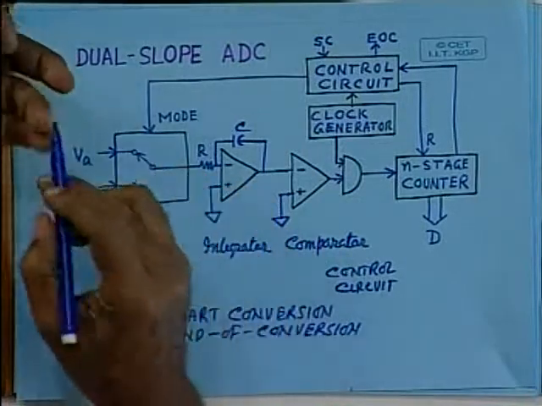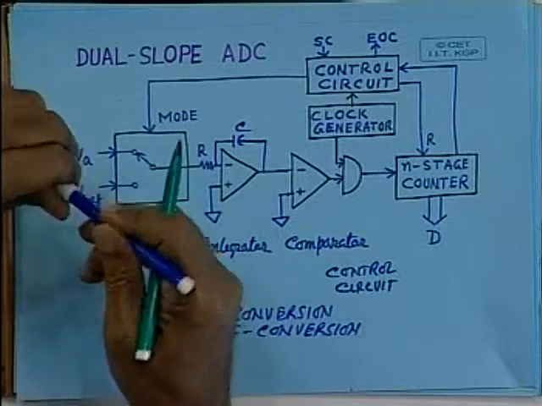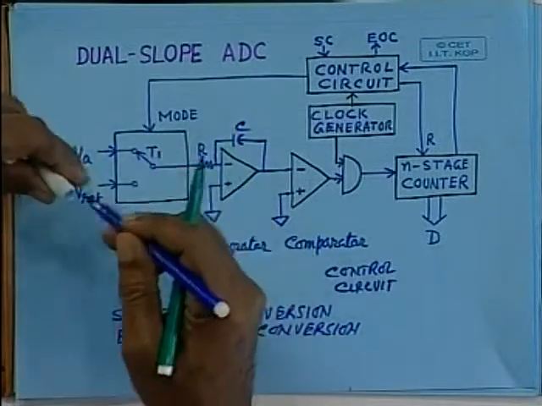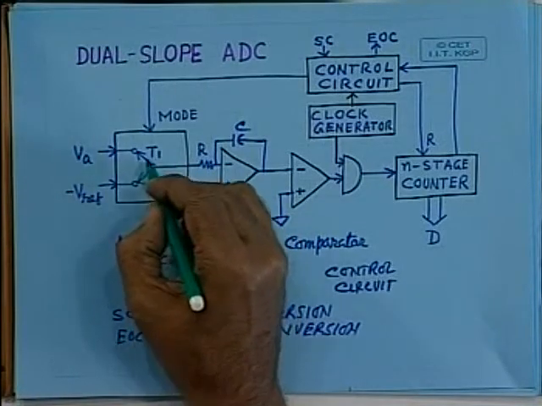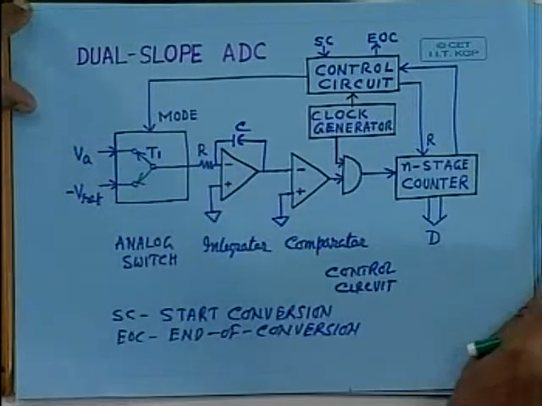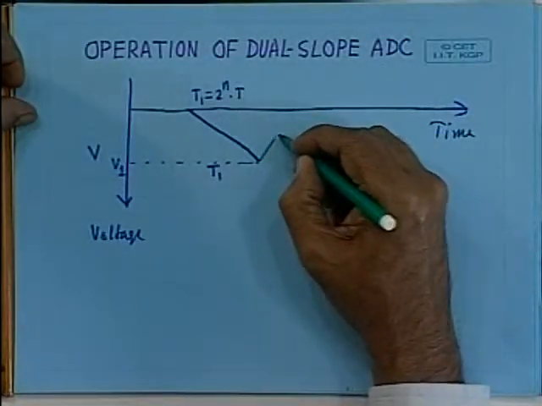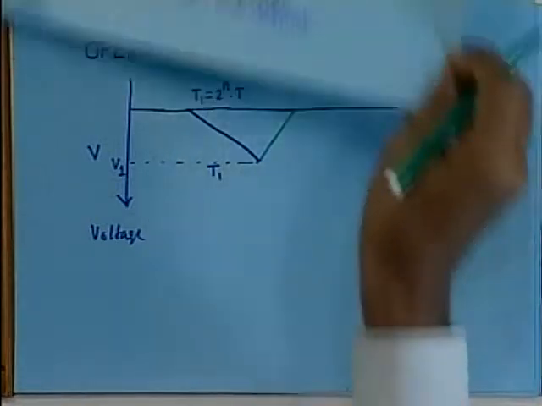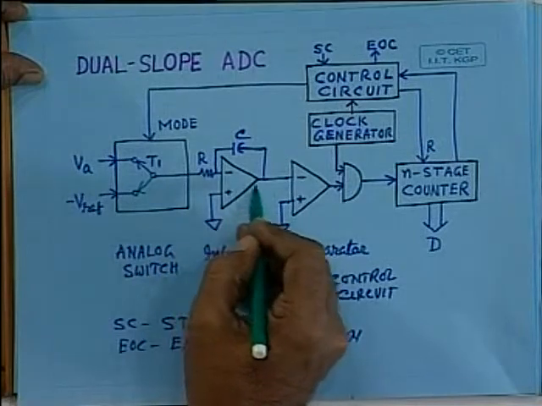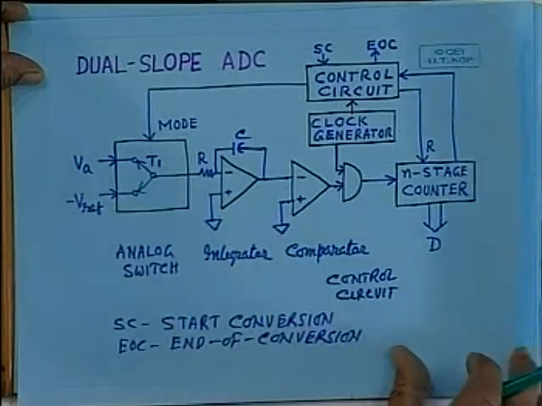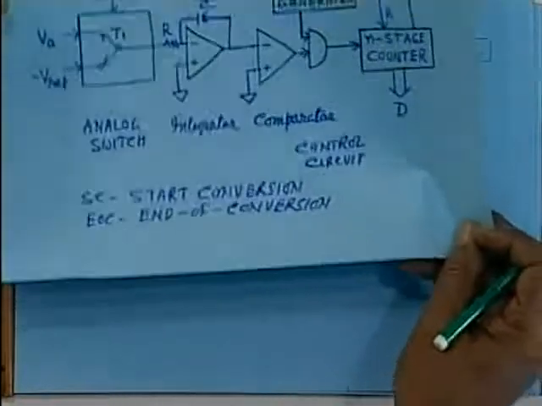This was connected for duration T1; after time T1, the other input is connected and this is disconnected. During this time the output will go in the reverse direction because the voltage here is negative, so the current will flow in the opposite direction. The capacitor will keep on discharging until it reaches 0 volts.